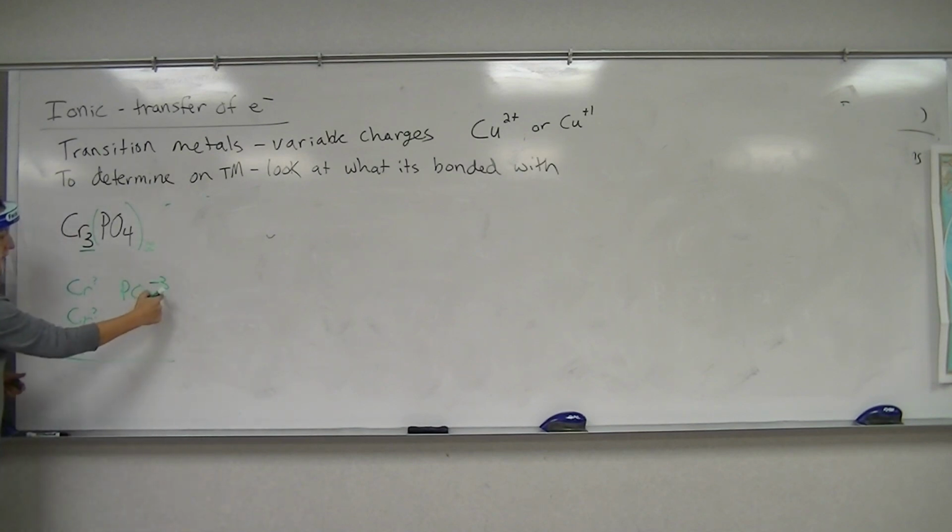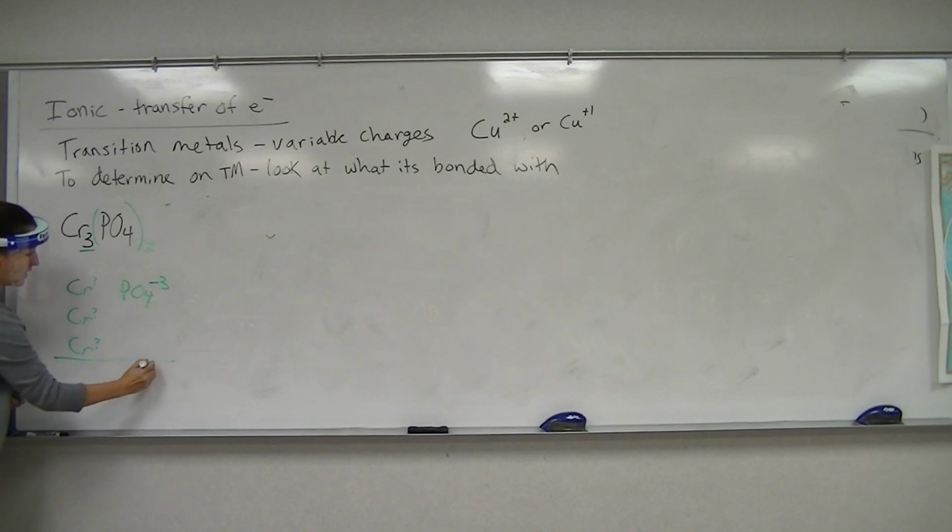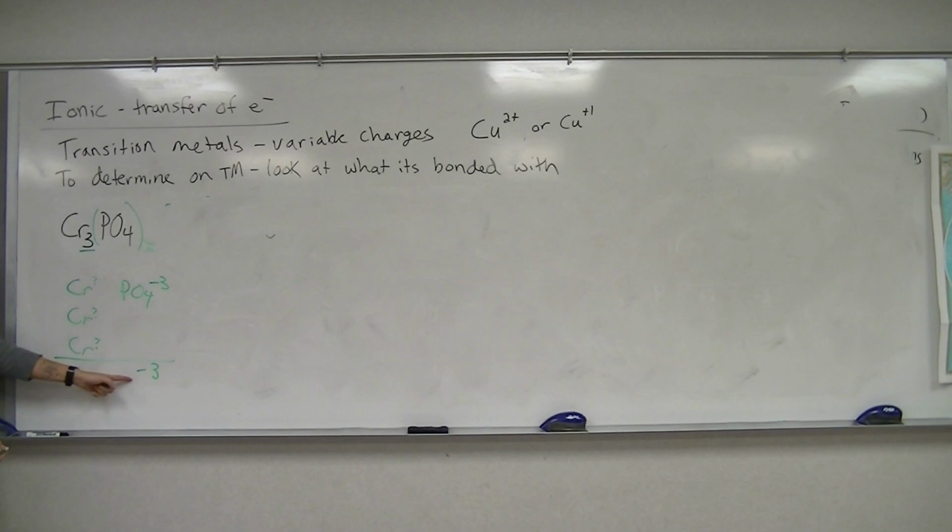So since there's only one of them, my total charge on the negative side is a -3. So that means to cancel out that -3 on the cation side, I need a +3. But there's 3 atoms, so you just divide by how many atoms. In this case, 3 divided by 3 gives me 1, telling me that each of these chromiums is a +1.